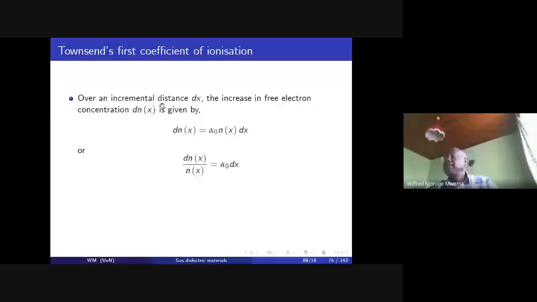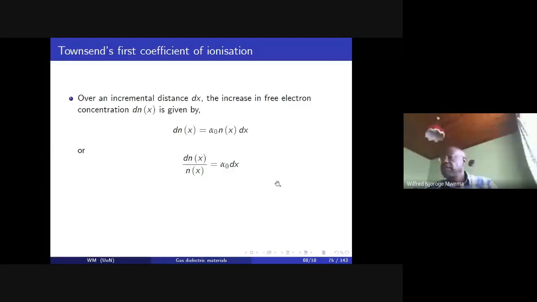So over an incremental distance dx, the increase in free electron concentration will be given by dn(x) equal to alpha naught, which is the number of free electrons created per electron per unit distance, multiplied by the actual number of free electrons that we have, n(x), and multiplied by the distance dx through which the electrons have moved. Or in other words, we can divide through by n(x), and we get dn(x) over n(x) equal to alpha naught dx.